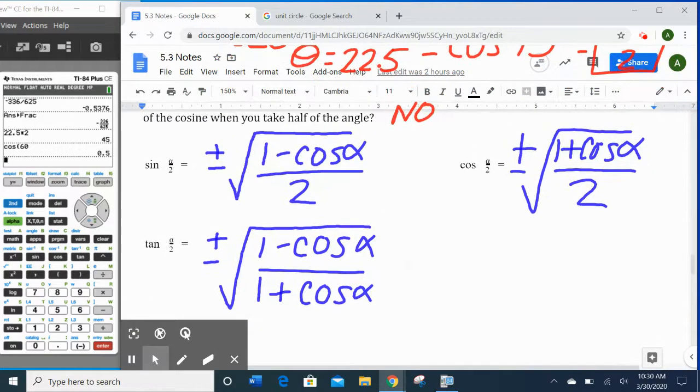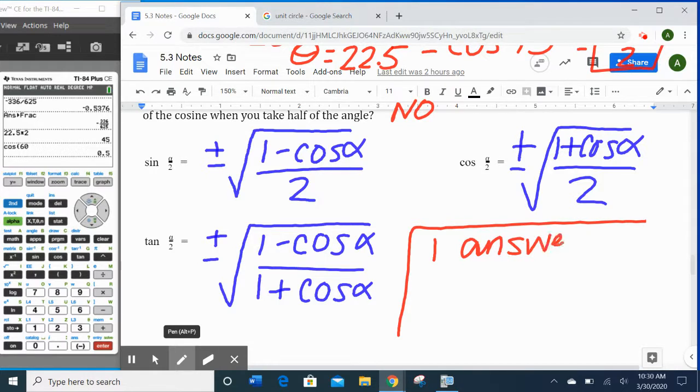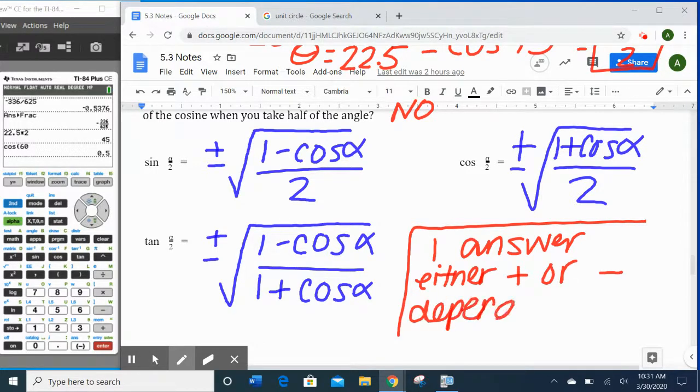So you can pause the video and get these written down. Notice that the entire fraction is underneath the square root, both the numerator and the denominator. So there's only ever one answer. It's either positive or negative, depending on alpha over 2.